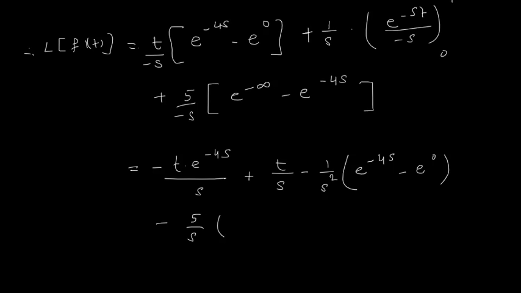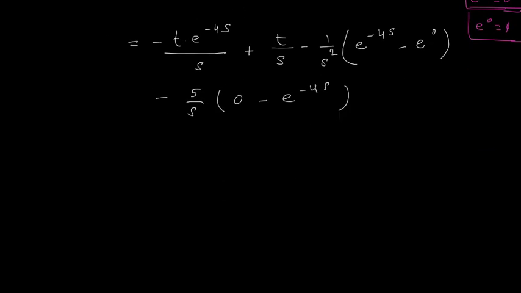So you can remember this thing, that e power minus infinity is 0, and e power 0 is 1. So these two values you remember. So here e power minus infinity, so I will put 0 minus e power minus 4s. Now I will open the bracket and simplify each and every term.